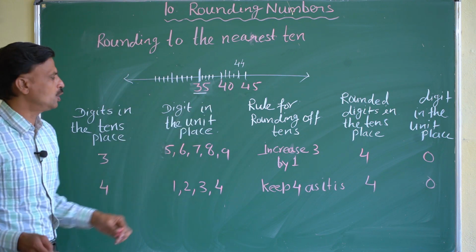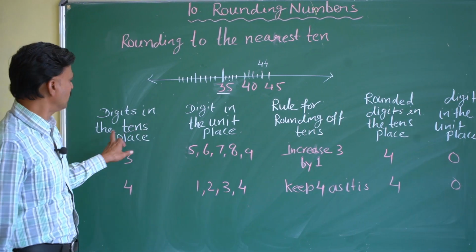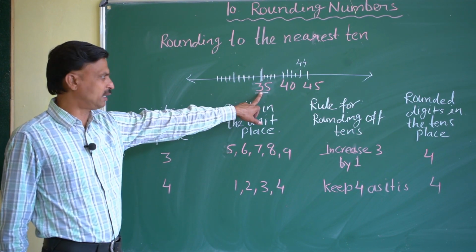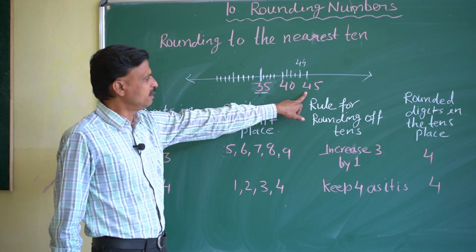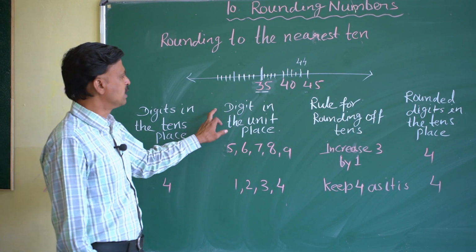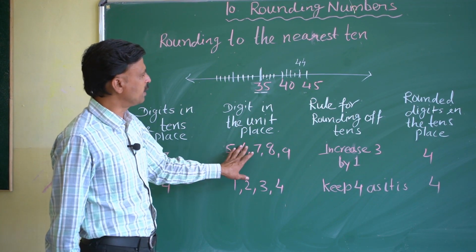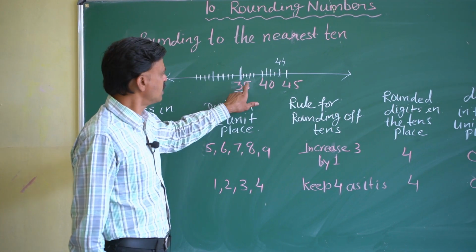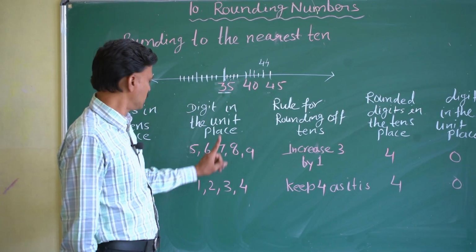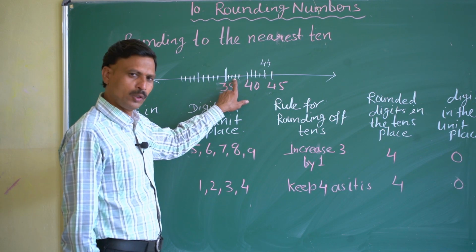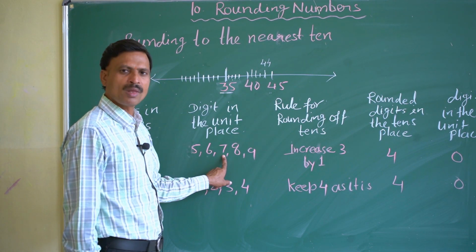So what is the actual rule? Look at the digit in the 10th place. Here the digit in the 10th place is 3 and 4. Then the digit in the unit place. Here the digit in the unit place is 5. After this 36, so the digit in the unit place will be 6. After this 37, so the digit in the unit place will be 7.